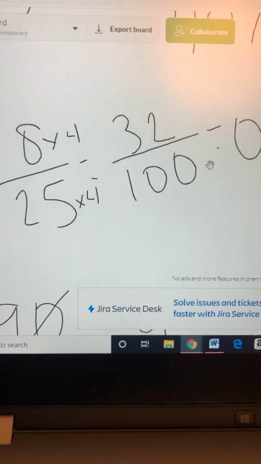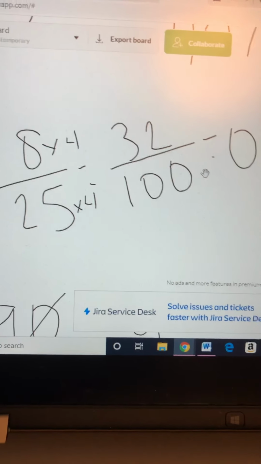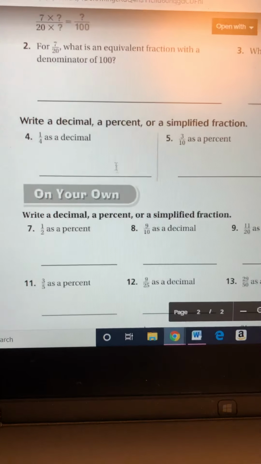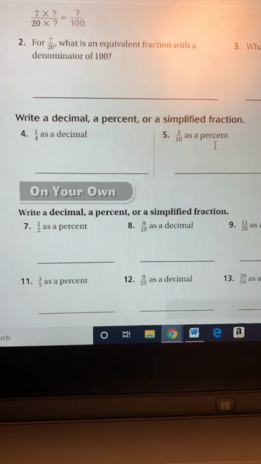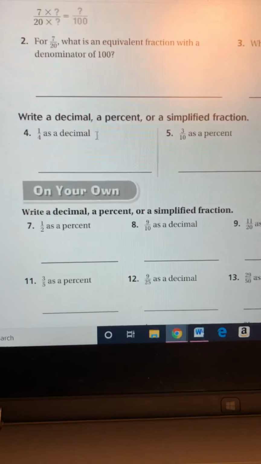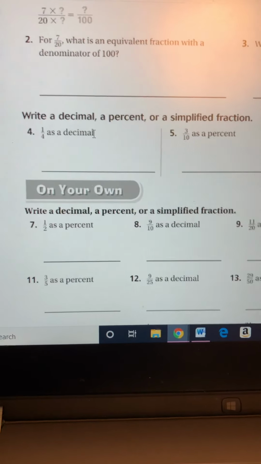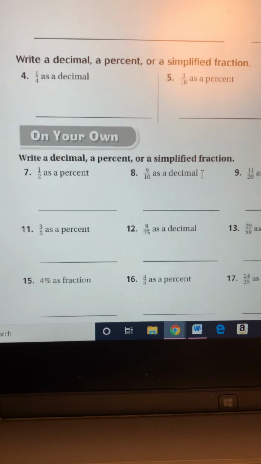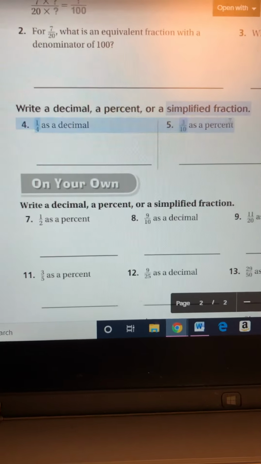What do I multiply the denominator with and my numerator with? And then you write your decimal from there. And then 3/10 as a percent. So we've done both, how to write fractions as decimals and fractions as percents. So it's basically the same thing throughout the rest of the lesson. Just make sure that you write it simplified.